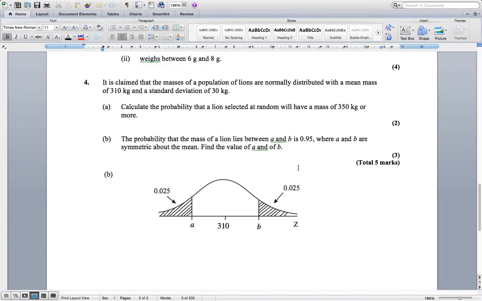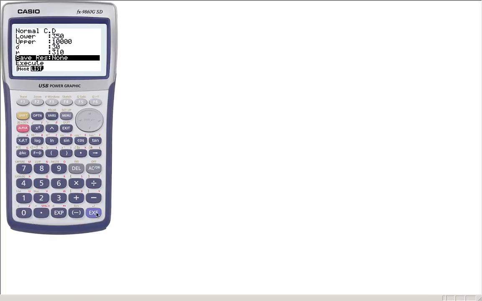Let me check whether it is right. Yeah, 30 and 310. So execute. You get this answer, students, 0.09121. So the answer correct to three significant figures is 0.0912.